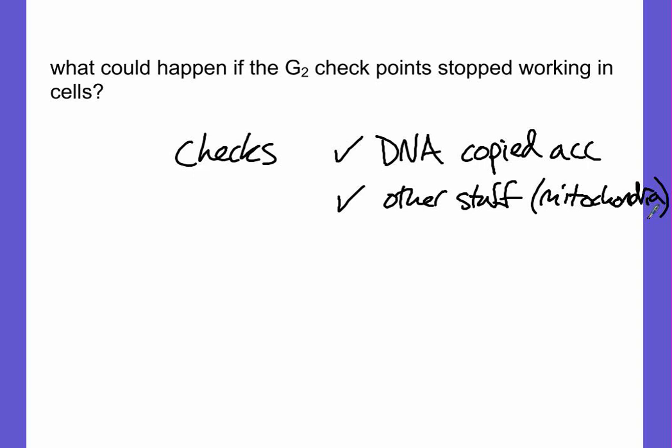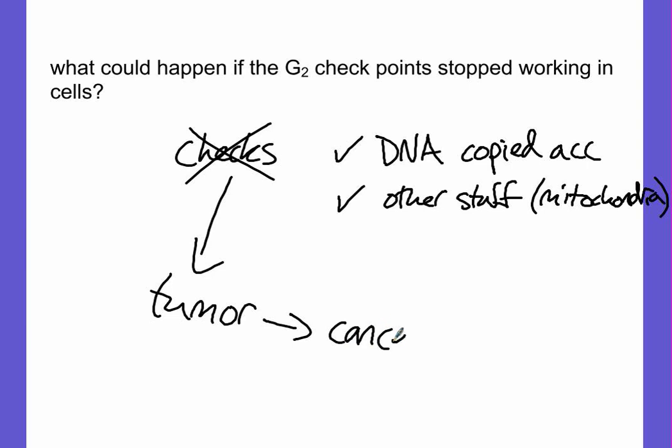But another thing associated with this that we need to talk about is that if those checkpoints are not working, that actually can lead to a disease. And it's a disease associated with the cell cycle, because if cells divide uncontrollably, if they continue to divide and don't stop to do their normal functions, that's when you can get something called a tumor, and that would be associated with cancer.